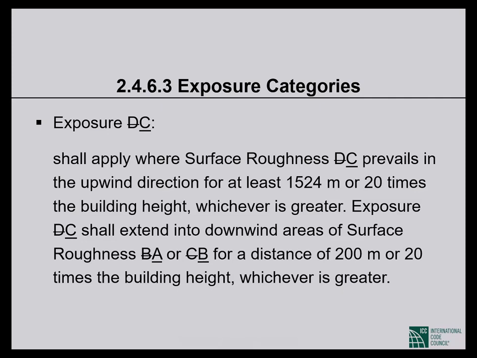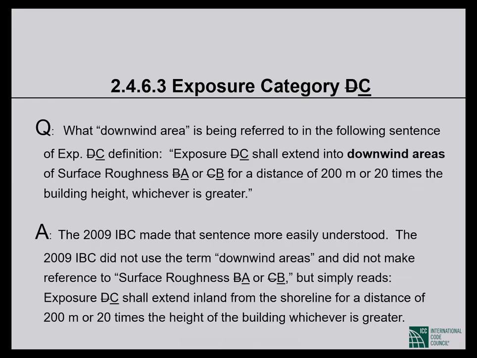Then we say exposure C shall extend into downwind areas of surface roughness A or B for a distance of 200 meters or 20 times the building height, whichever is greater. Now, what downwind area is being referred to in the following sentence? Exposure C shall extend into downwind areas of surface roughness.